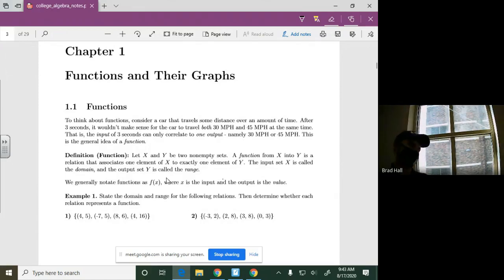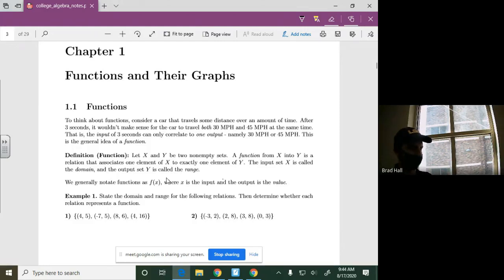Consider a car that's traveling some amount of time at some speed. This is a fairly practical thing to all of us. A lot of us drive or have been in a vehicle before. So after 3 seconds, if I were to ask you how fast the car is going, it wouldn't make sense for you to give me 2 different miles per hour.